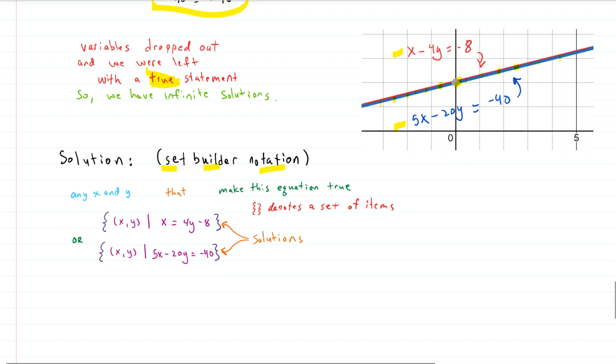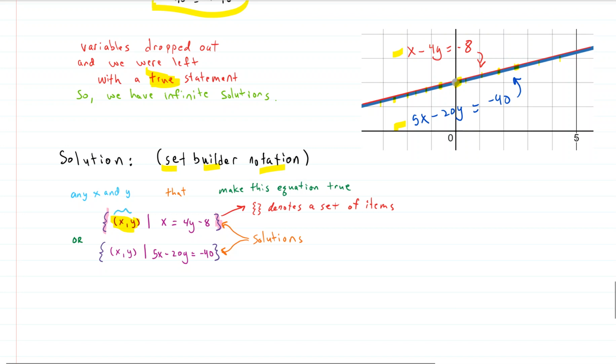So these curly brackets here just denote that we are using set builder notation, and that everything inside is a set, meaning it's a group of all the solutions. The x and the y at the beginning, this is read any x and y.